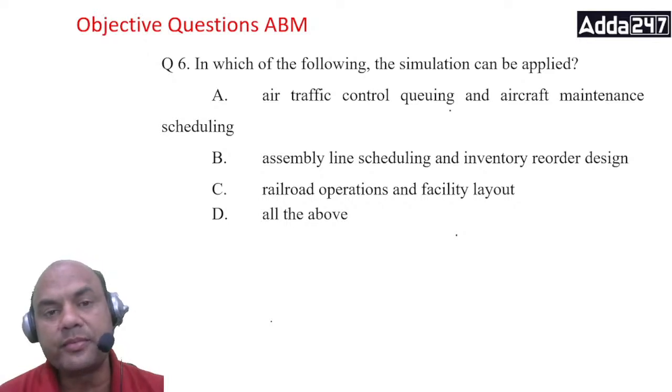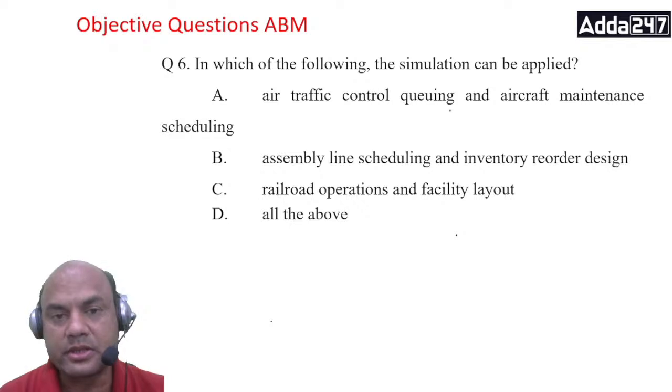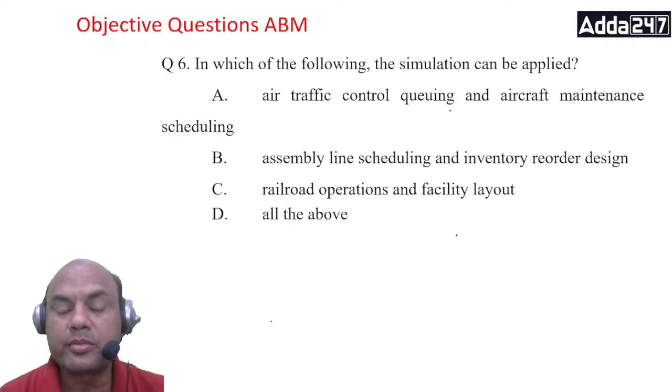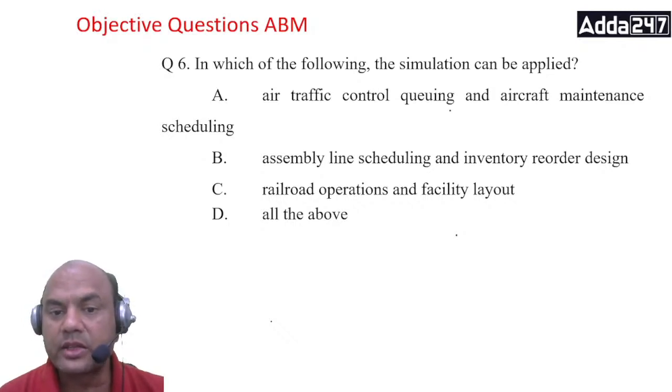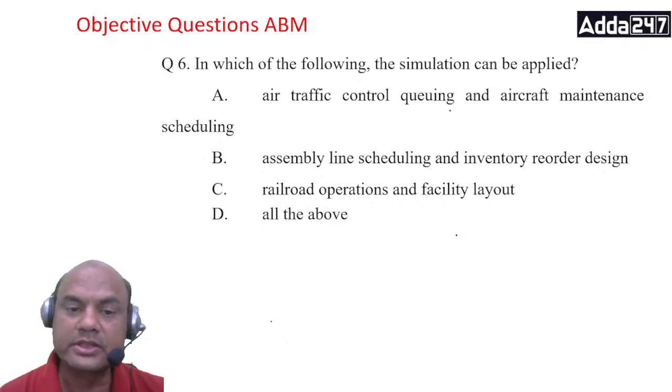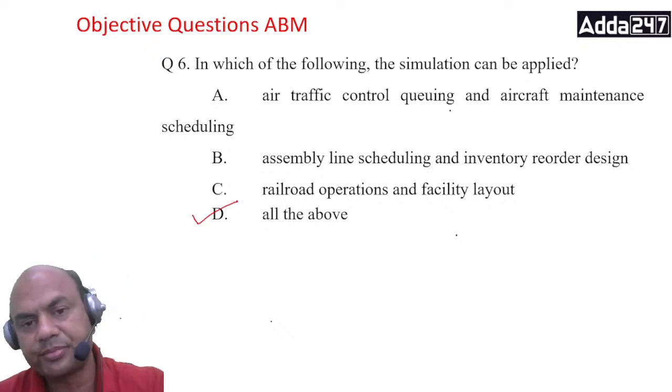Simulation was basically mimicking the actual life situation in the form of a prototype. So where can you use this? You can use in all of these. Air traffic control, you can use it. Assembly line scheduling, you can use it. Railroad operations, you can use it. So answer is D, all of the above, right?